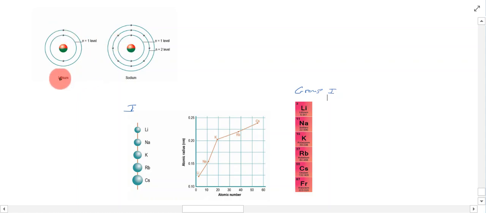So you can see here, lithium has this one electron, and sodium has this one outer electron. But what we notice is that sodium has a bigger radius than lithium, for example.